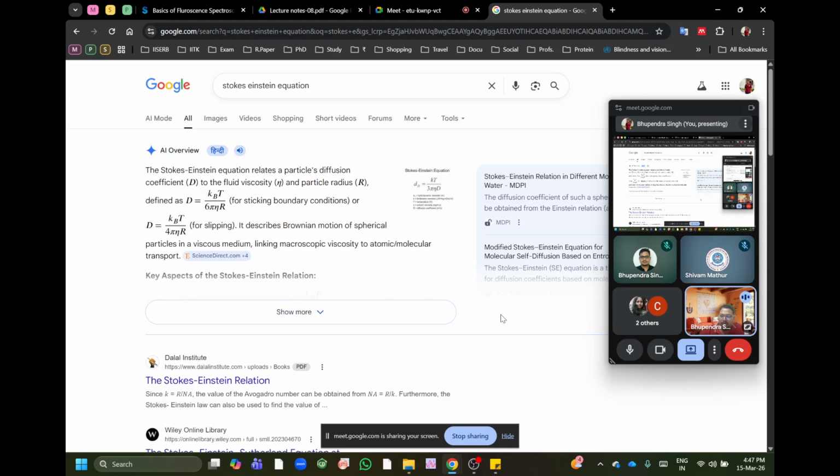So it describes Brownian motion of a spherical particle in a viscous medium, linking microscopic viscosity to molecular transport.